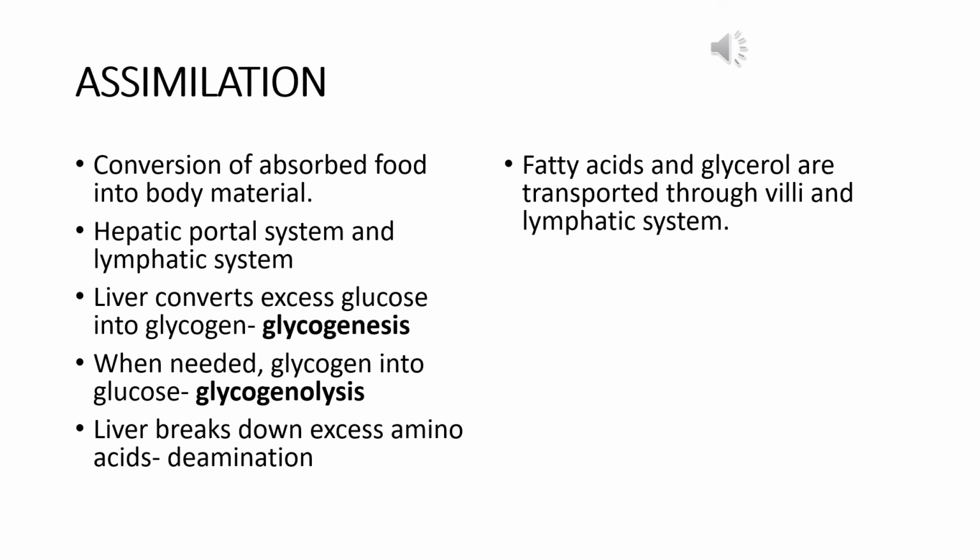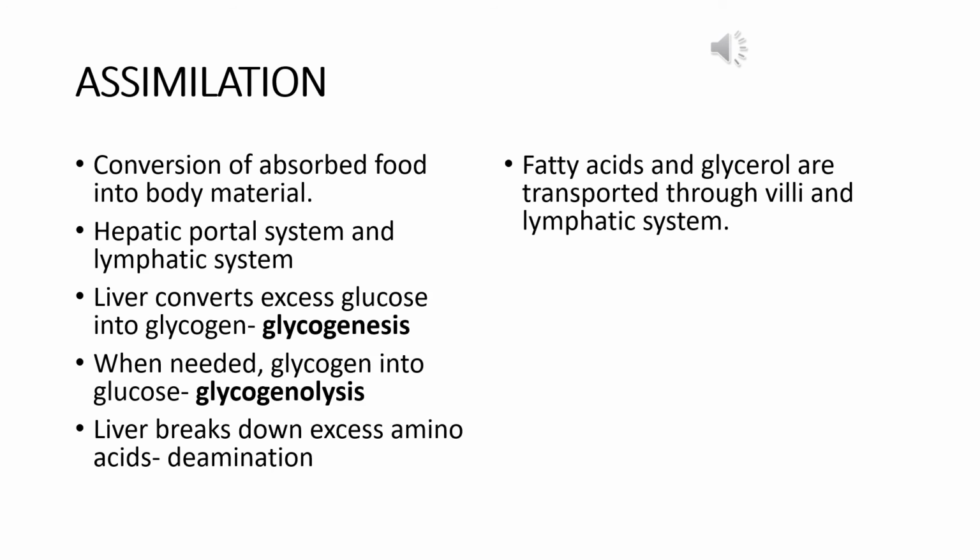Hepatic portal system is the blood circulation that is entering into the liver. The liver is very important in assimilation because liver converts the excess glucose into glycogen. The glucose that is coming to the liver through the hepatic portal veins, liver converts that glucose into glycogen for further storage, for future use.